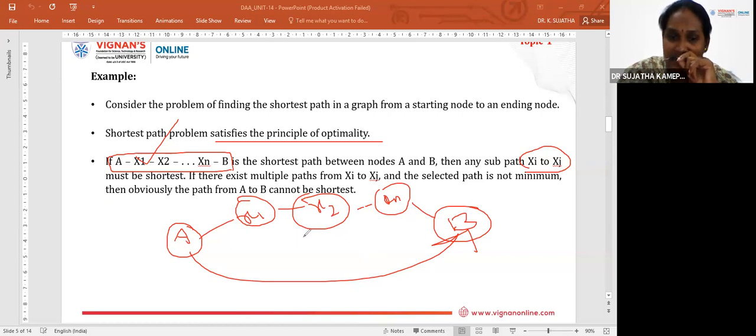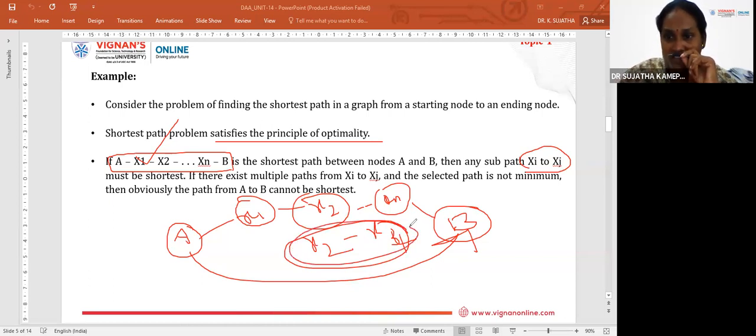That is, if I consider a subpath x2 to x3, this should be optimal. If I consider a path from x2 to x4, this should also be optimal. That is, it should have the minimum cost.